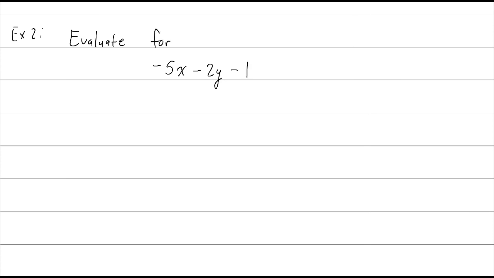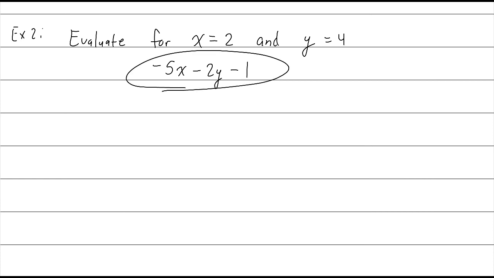And we'll say we're evaluating for when x is equal to 2 and y is equal to 4. X is 2, y is 4. Okay. So what does this mean, right? Evaluate for when x is 2 and y is 4. Well, that means take this expression and figure out what it will equal if I substitute in 2 for x and 4 for y. What does that look like?